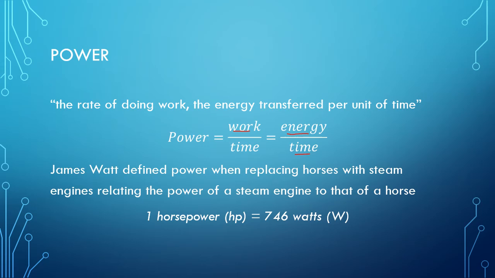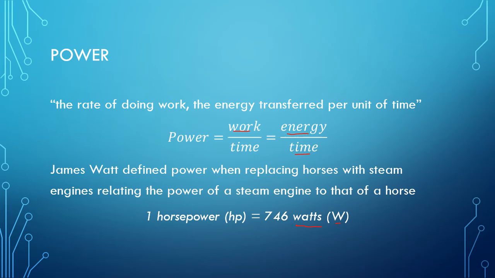Now James Watt defined power when he replaced horses with steam engines. So when we calculate power using this equation, it will be in watts, after James Watt. So just capital W for watts.